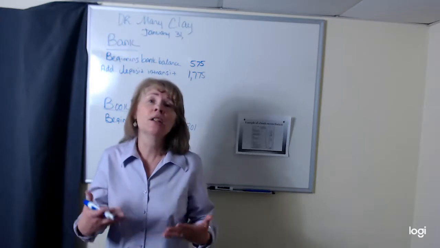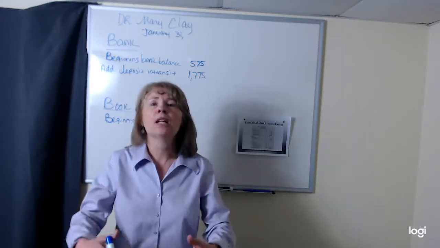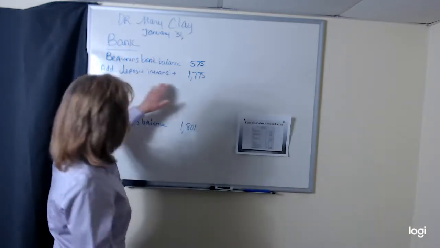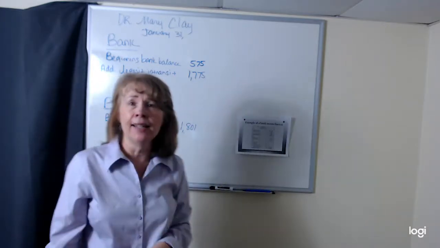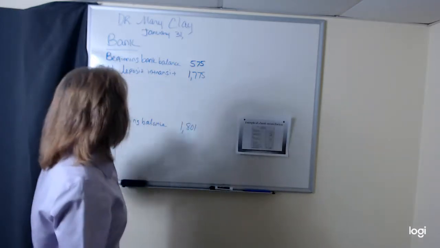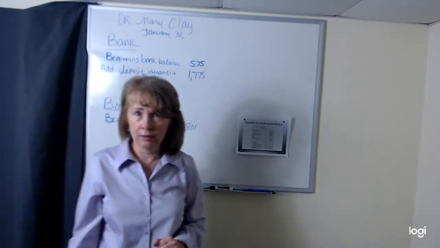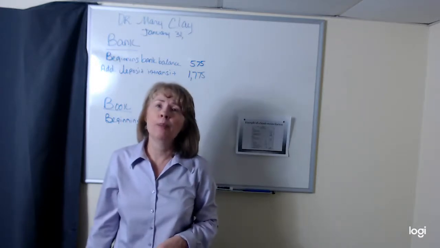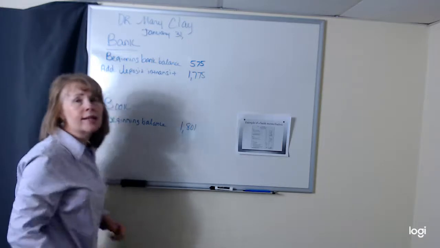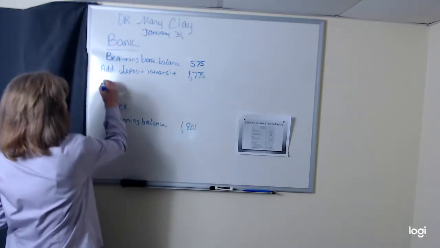That will eventually clear out when the bank receives those deposits. So a deposit in transit will always go on the bank side, and it will be an addition. The other most common reconciling item for a bank balance is outstanding checks.